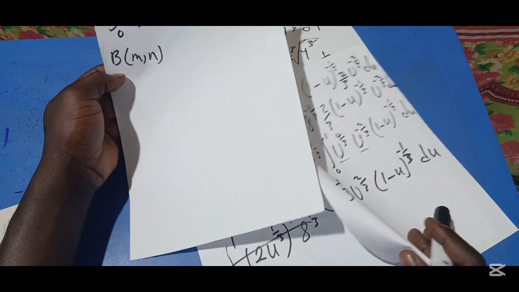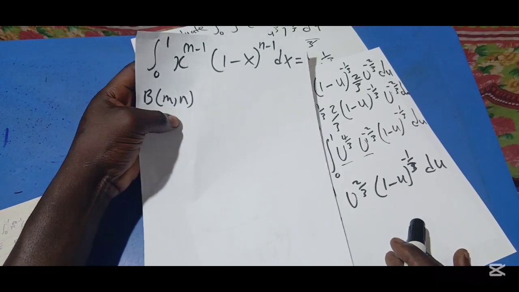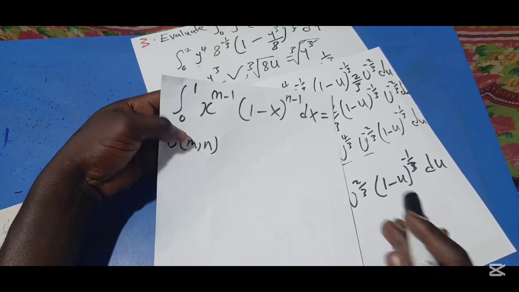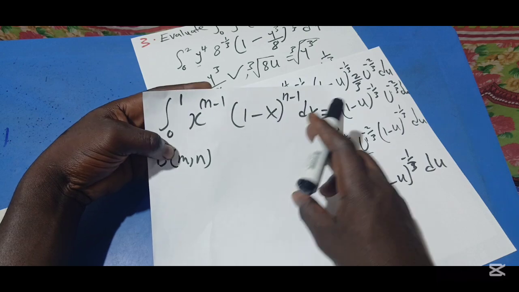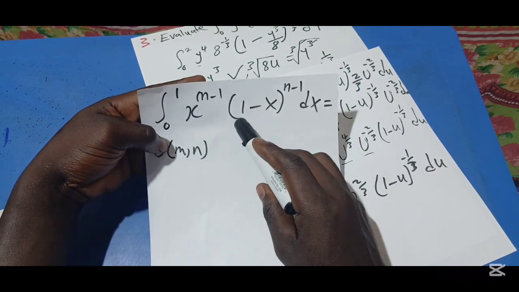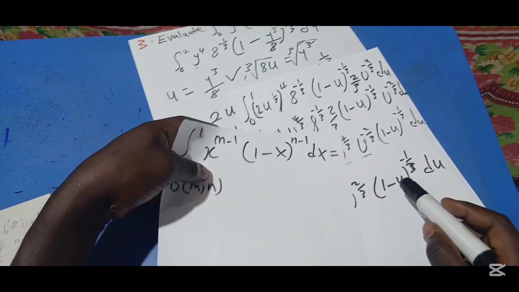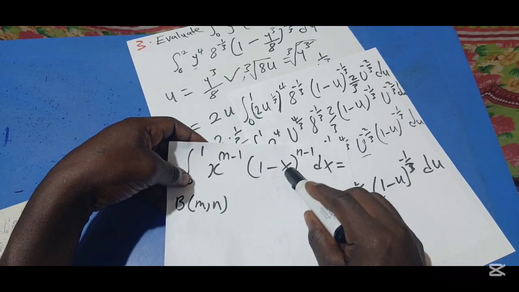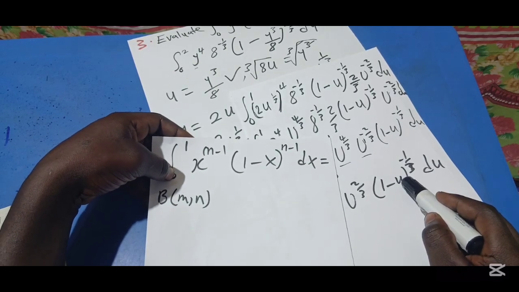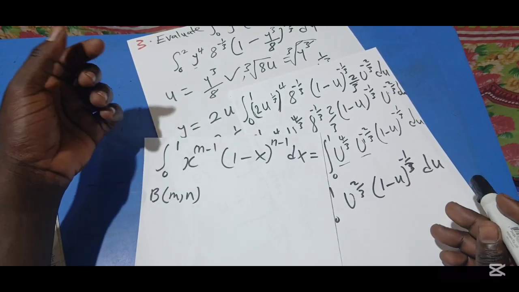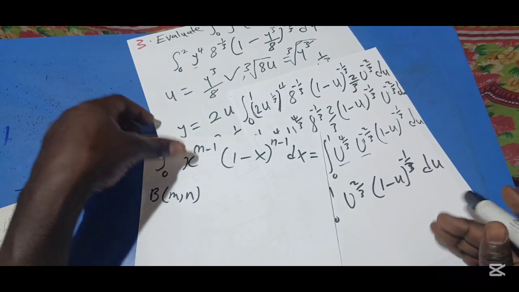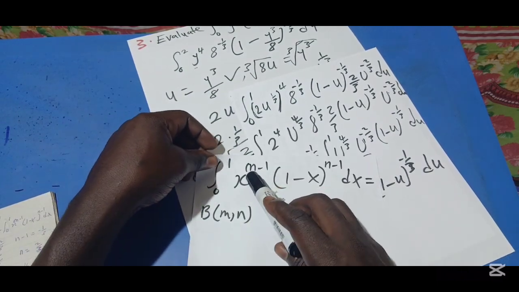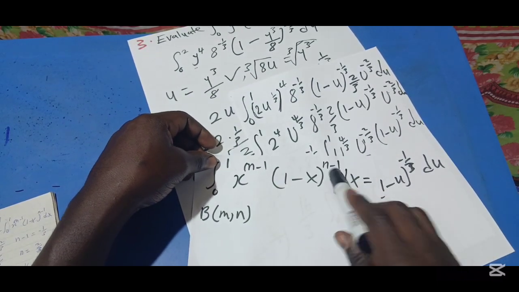So now, at this point, we can compare to our general definition for beta functions. So we see beta of m, n should give us this. So comparing, we now have 1 here, 1 here, 1 minus x, 1 minus u, which is generally of the same form. So we can now equate powers and look for our m and also look for our n.